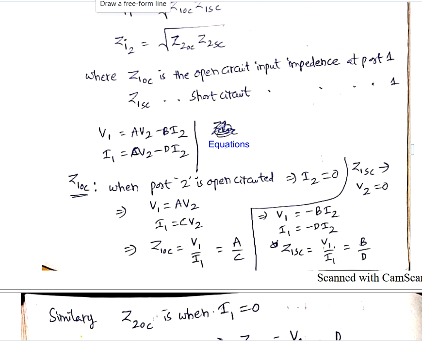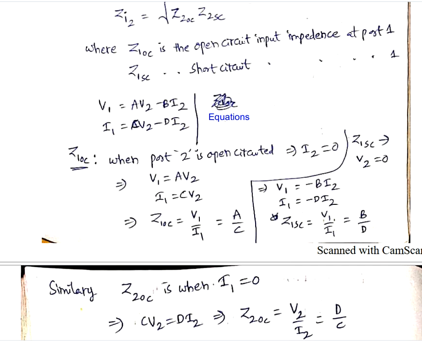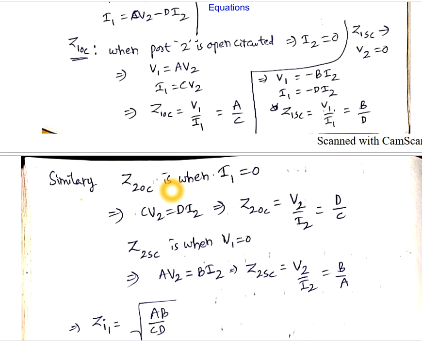Okay, fine. Now we will see Z2OC. So what is Z2OC here? This is the open circuit impedance towards port 2 when port 1 current is 0. That means port 1 is open circuited. Then only you can determine Z2OC. Right, so you need to implement this condition here.